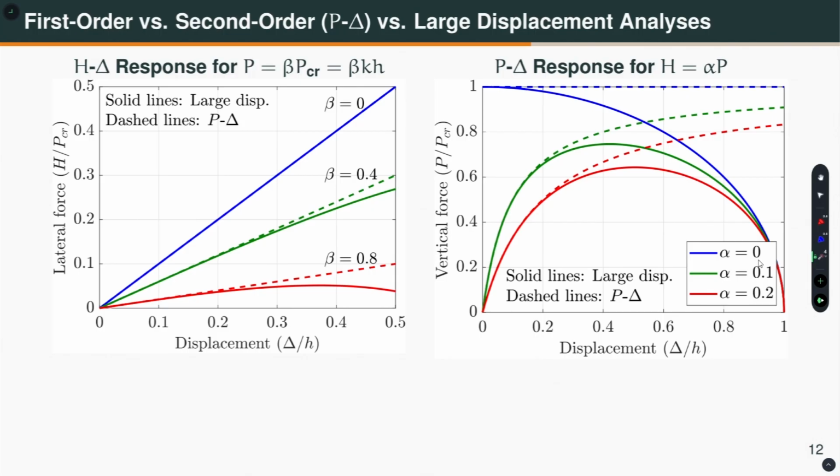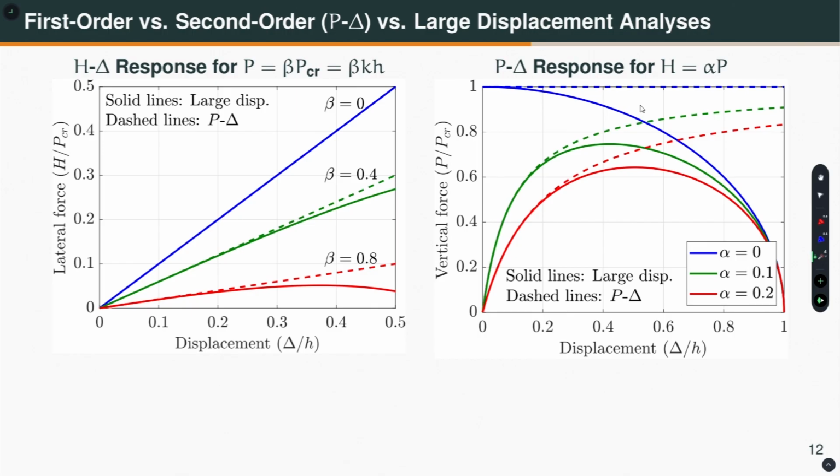If you have no lateral force, but you do a large displacement analysis, then this is the result which I explained in the previous slide. Okay. If you now have different lateral loads, the result goes like so. And previously what we got for second order P delta analysis, it was going like that. That is why I mentioned that this part of the curves is not valid, because you need to consider the nonlinear compatibility. Okay.